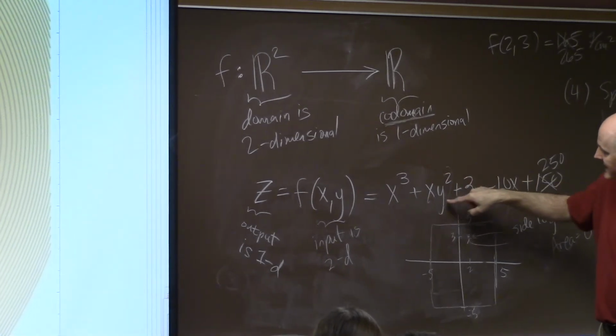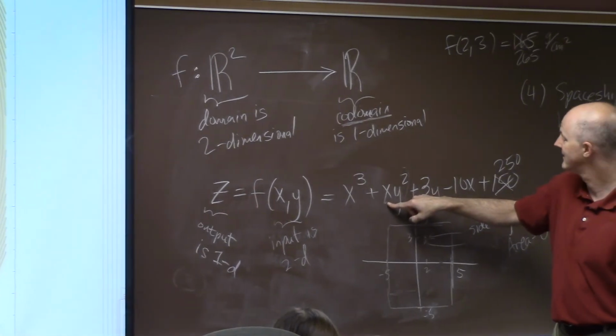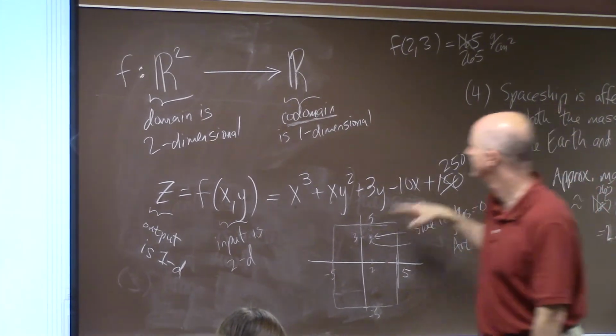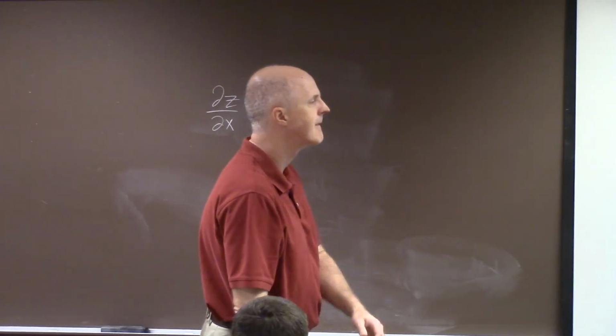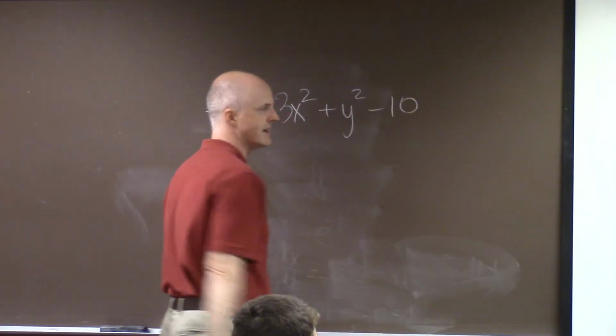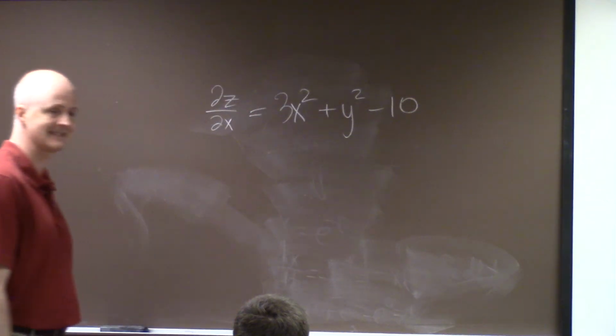The derivative of y squared times x is y squared. 0, 0, minus 10. So we're going to get 3x squared plus y squared minus 10 is the partial of z with respect to x.